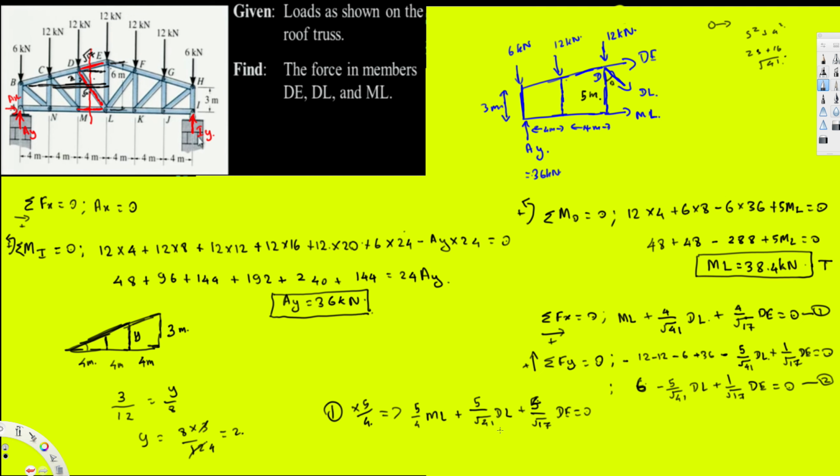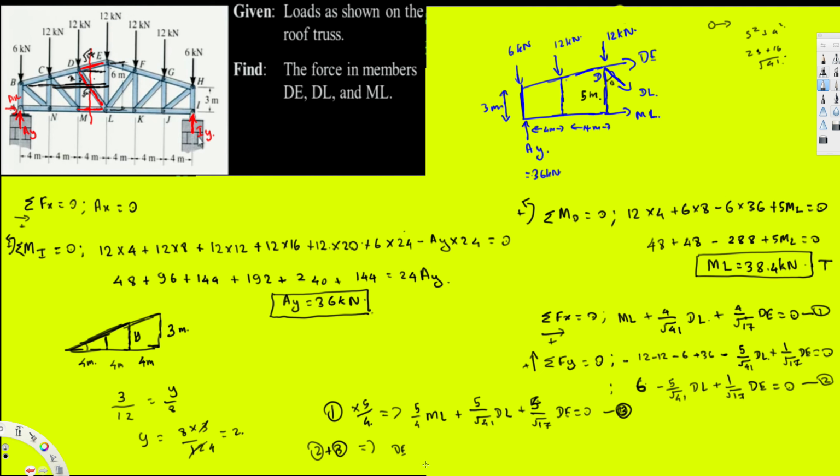And if you solve for this one, you can find the dE, because dL will cancel each other. So let's call this one 3. So 2 plus 3 will cancel each other, and you can find the dE.